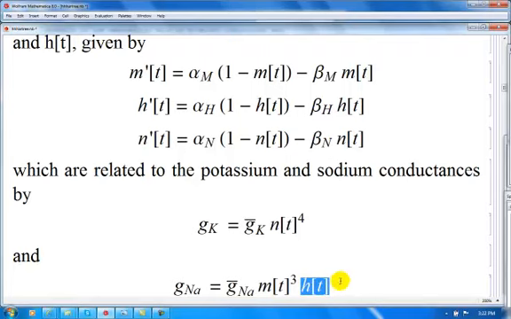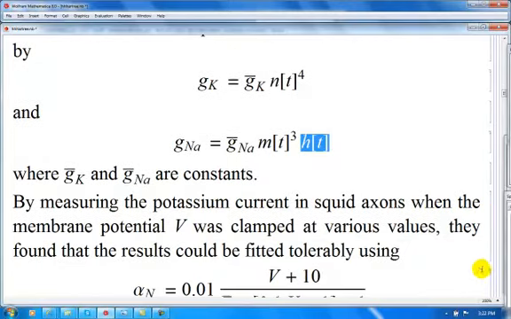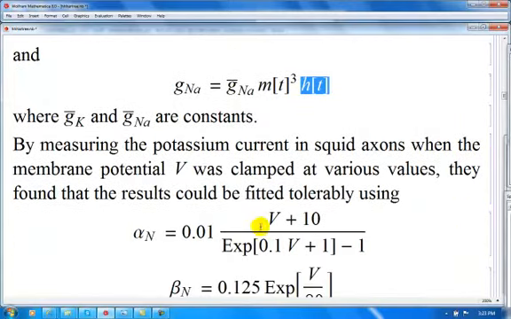I don't want to go into the thoughts of Hodgkin and Huxley on why these numbers should be so. Anyway, by measuring the sodium current in squid axons when the membrane was clamped at various values, they found that the results could be fitted tolerably using these equations.